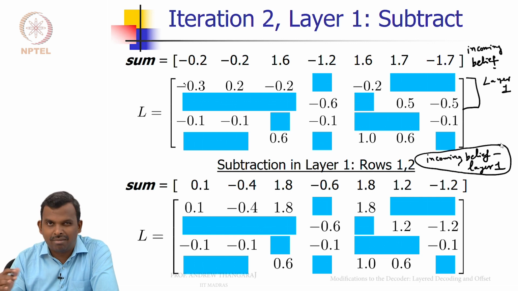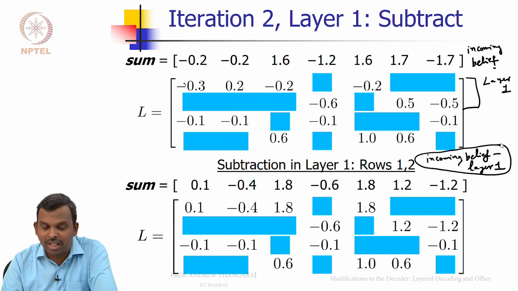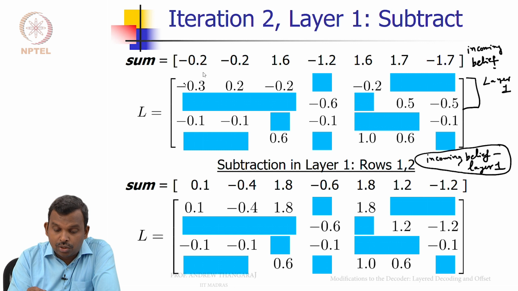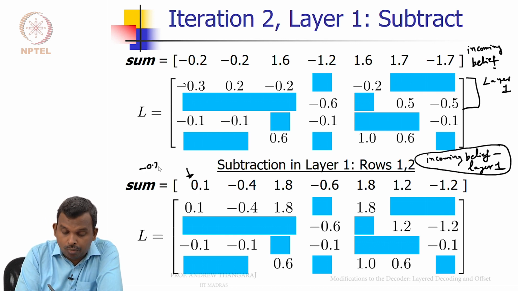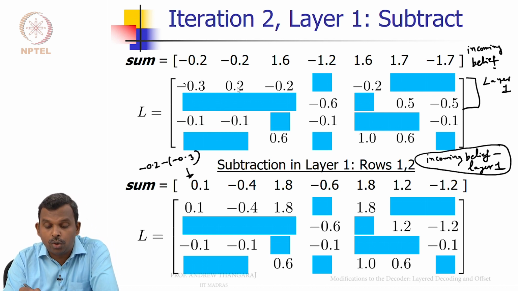Roughly stating what I am doing here, I will illustrate what is going on. If you see here, I do minus 0.2 minus 0.3, I get 0.1. How did I get this? Minus 0.2 minus 0.3, and so on. Minus 0.2 minus 0.2 is minus 0.4, 1.6 minus 0.2 is 1.8, minus 1.2 minus 0.6 is minus 0.6, and so on.